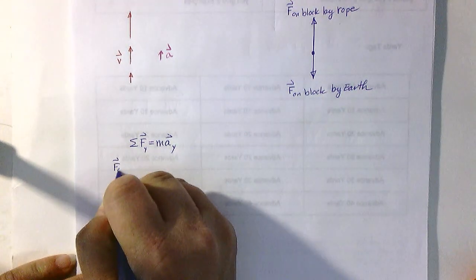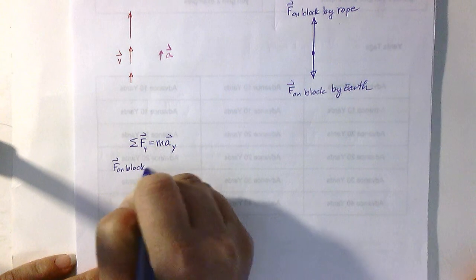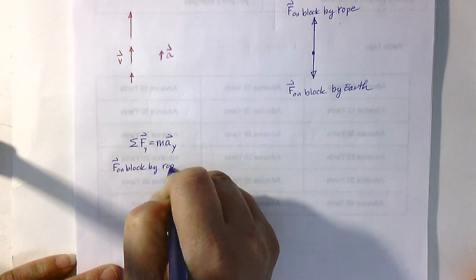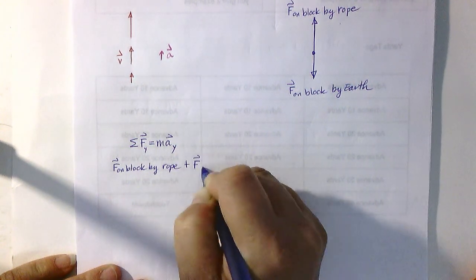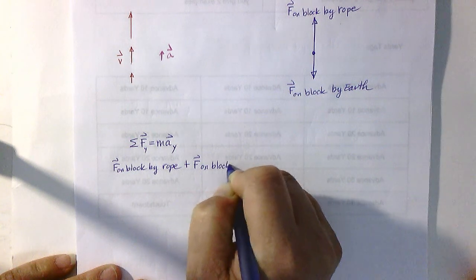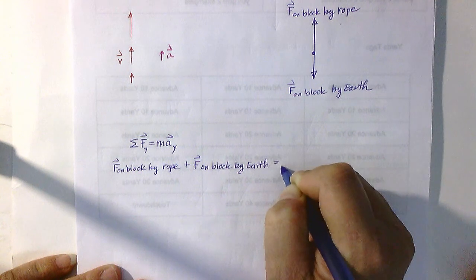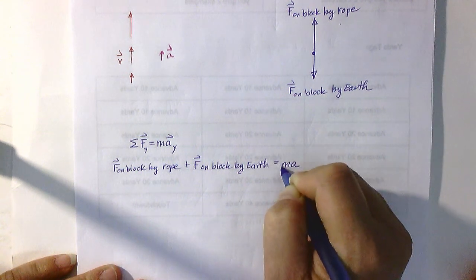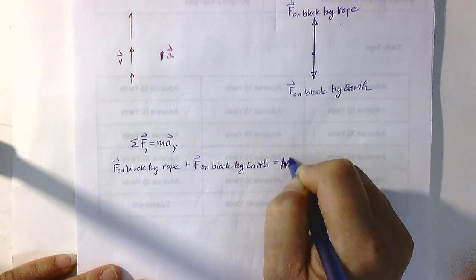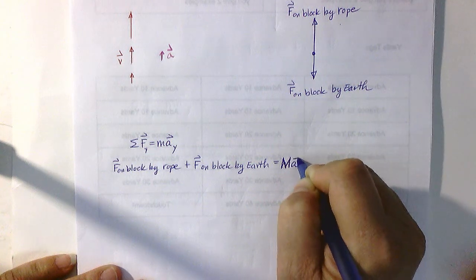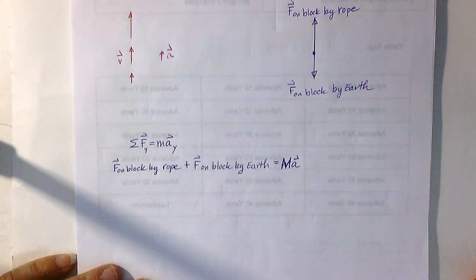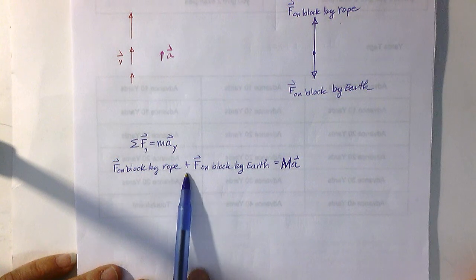Okay, so the next thing we're going to do is substitute all of the forces from our free body diagram into the summation. So we have force on block by rope plus force on block by earth, and that's equal to ma. Oops, let me make a capital M. Now, some of you may be thinking, wait a minute, Dr. H, why did you put a plus sign here? Isn't this going down?